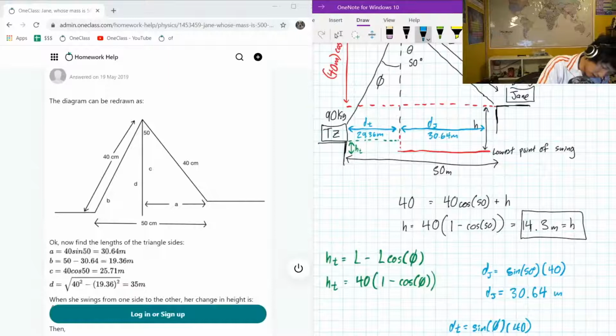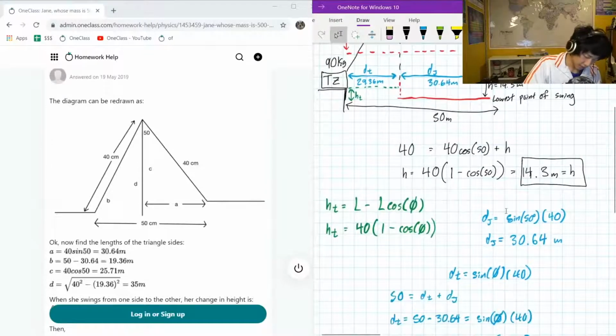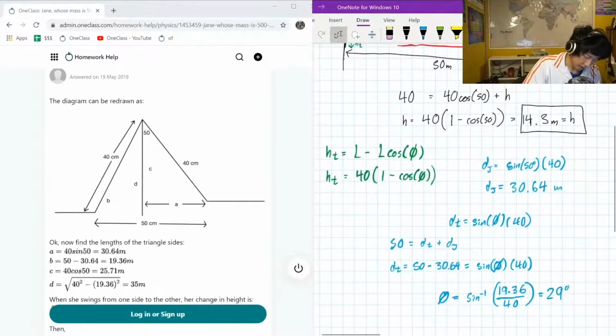H is going to be 14.3 meters, and HT, now that we have phi, we can calculate that.